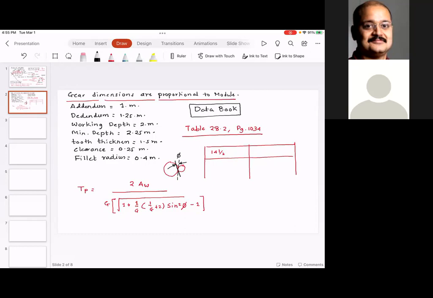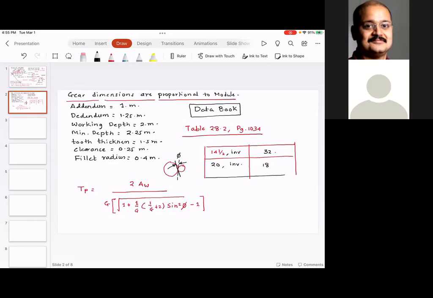Now, if the pressure angle is 14.5 and the gear is full depth involute, then the minimum number of teeth is 32. If you have a 20 degrees pressure angle and full depth involute, you have 18. And if you have composite 14.5, or stub involute, then the number of teeth is 12 or 14.